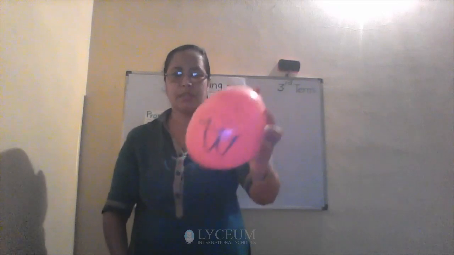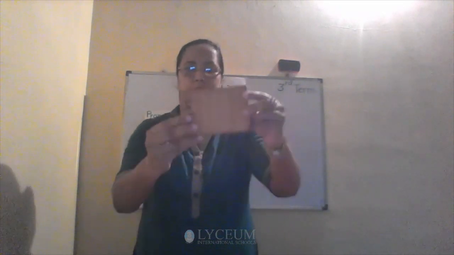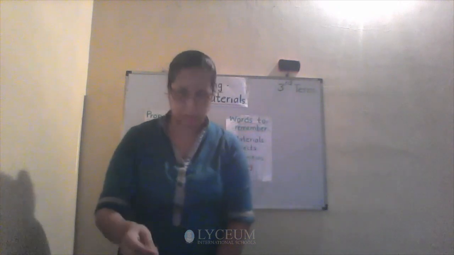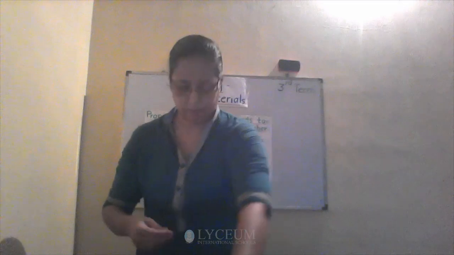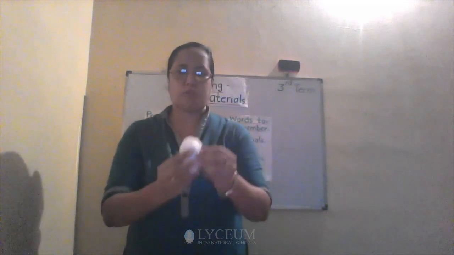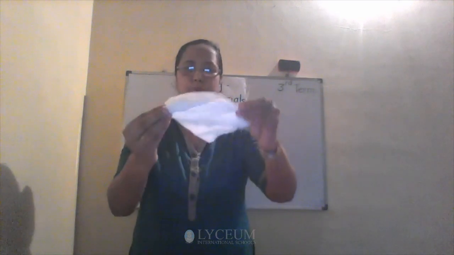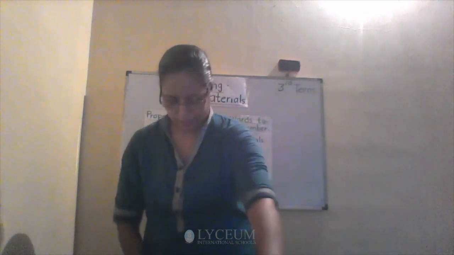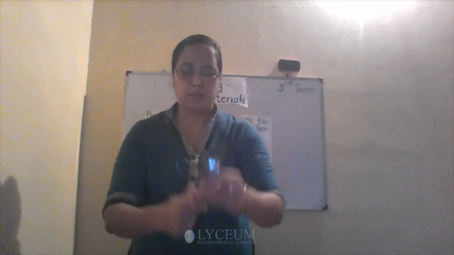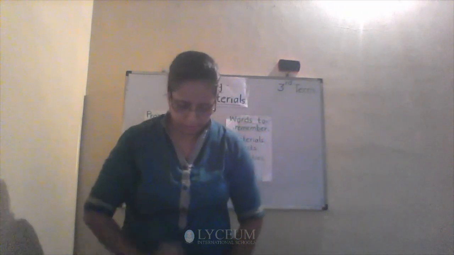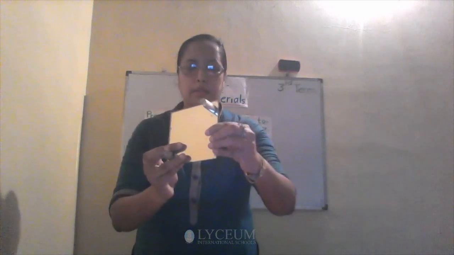So let me show you the objects. I'm going to use a balloon, a block of wood, a stone, some cotton wool, a tissue, then a metal spoon and a metal fork, and a piece of glass.